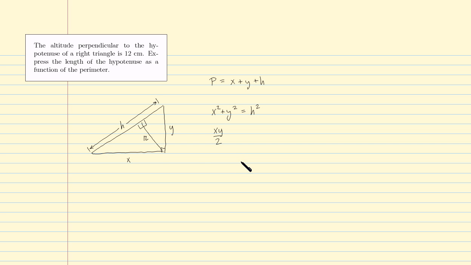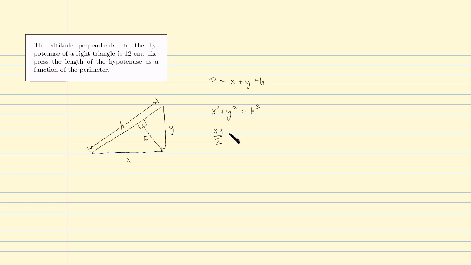x and y. Well, the advantage to looking at the area is that you can find the area of this particular triangle two ways. You can treat this as the base and this is the height, in which case this is the area of the triangle. Or you could imagine rotating this thing around so that this is the base and then the height would be the length of the altitude.